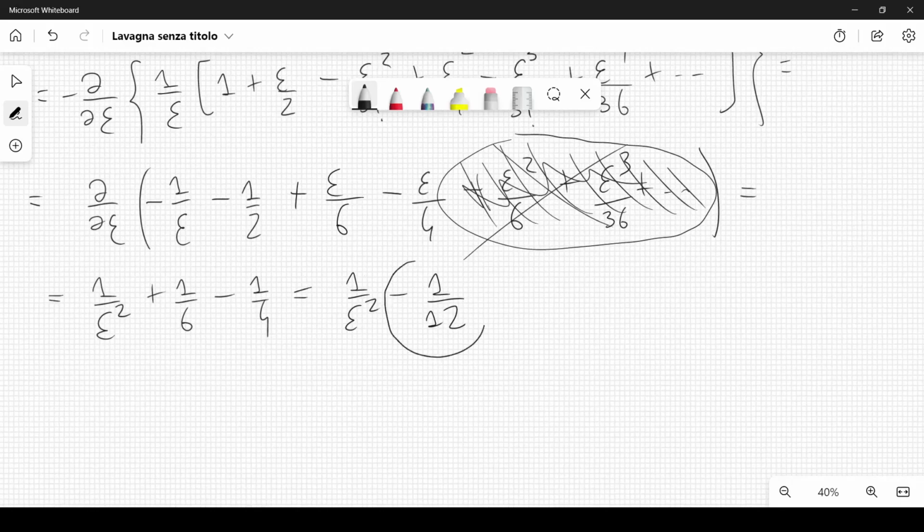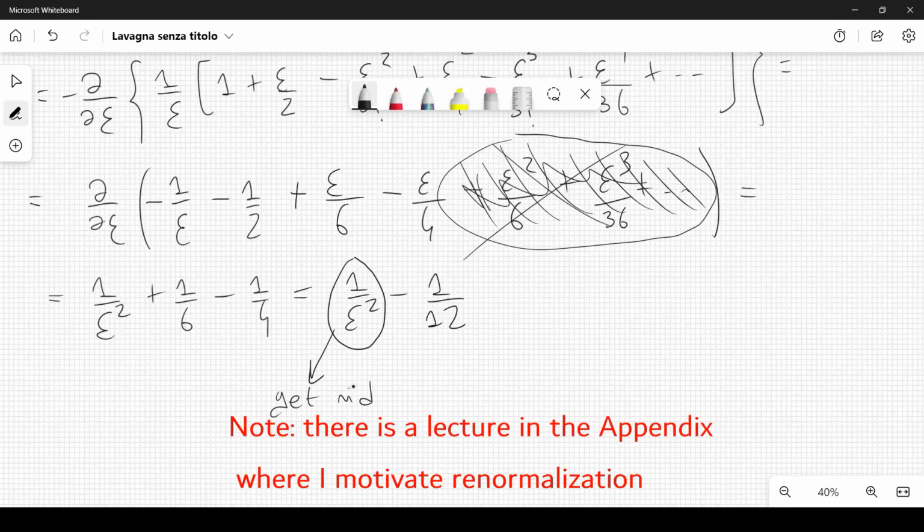And this is a finite part which we associate to the series, whereas this part diverges, but by an appropriate renormalization, we can get rid of the infinity thanks to renormalization.